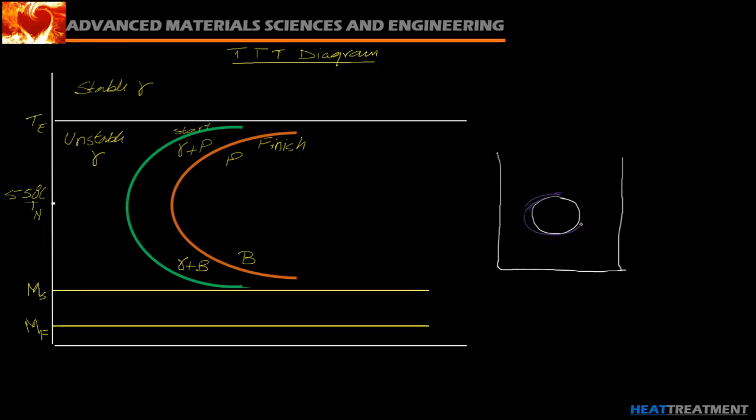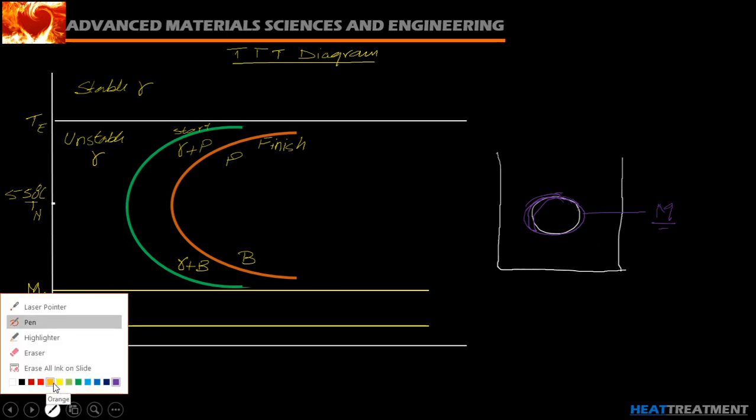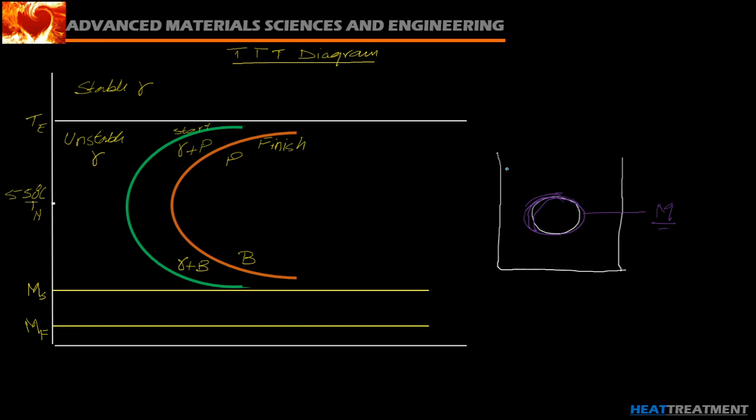The outer layer, the outer surface, is transformed first. Now this is transformed into martensite. Still the inner is austenite; the outer surface is transformed earlier than the inside.